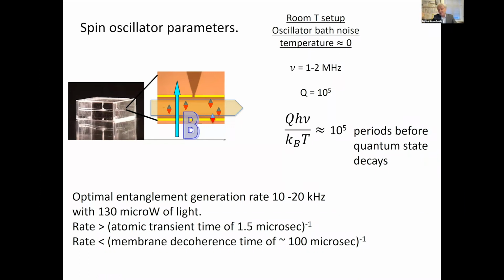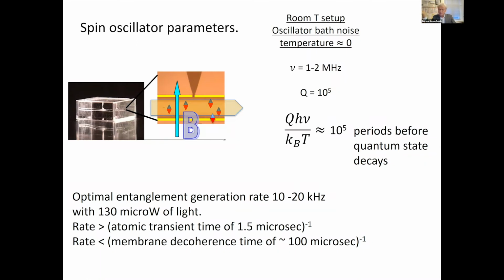So you have a system which may be an oscillator if you put a magnetic field on it, and it can maintain its quantum state for 10^5, 10^6 collisions, which, with room temperature atoms and the size of this channel of about 1 millimeter, can be converted into milliseconds of coherence time.